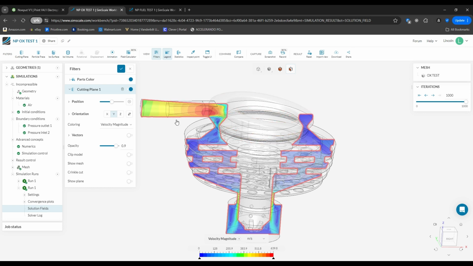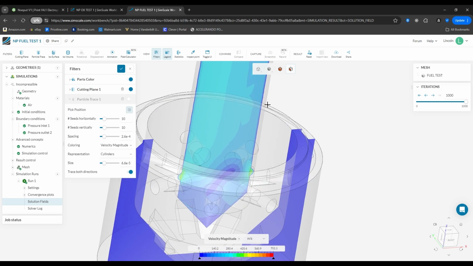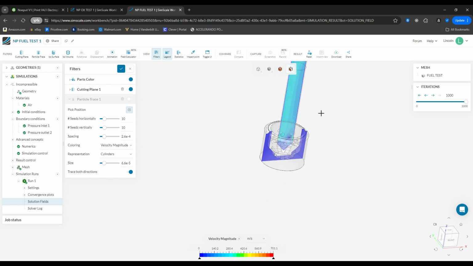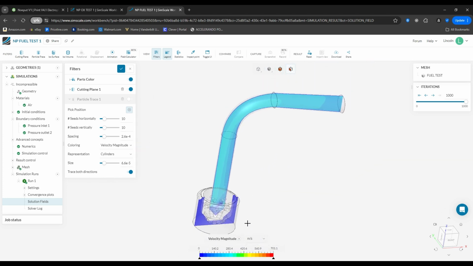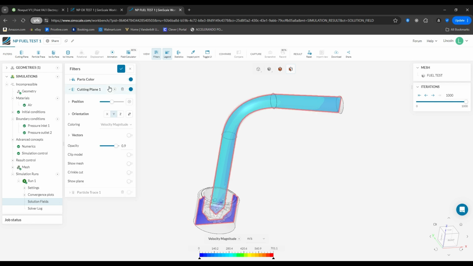Using the simulation, we were able to determine that the particles of gas would indeed travel through the catalyst bed very slowly, ensuring complete catalyzation and decomposition. For the ethylene, we also plugged it in to SimScale and looked at this simulation here.